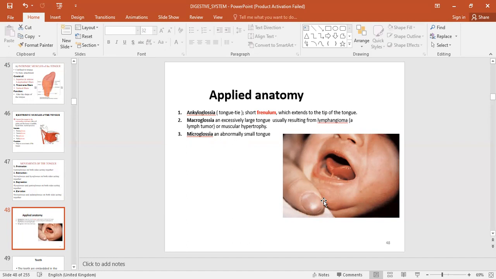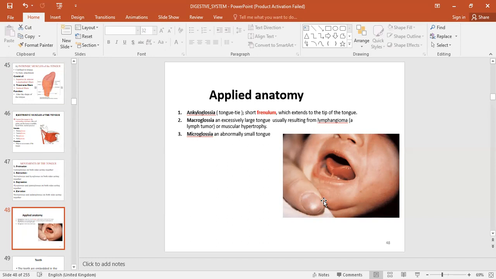Now, at that stage, the skeleton cannot grow any further. So people with acromegaly, what you see is changes in the facial features. The face becomes overly large. You can see some abnormality. The jaw will be too big, and the tongue also will be so big. So that is called macroglossia.